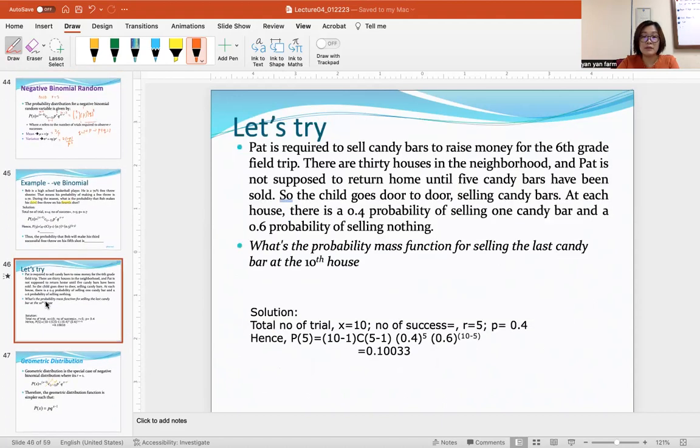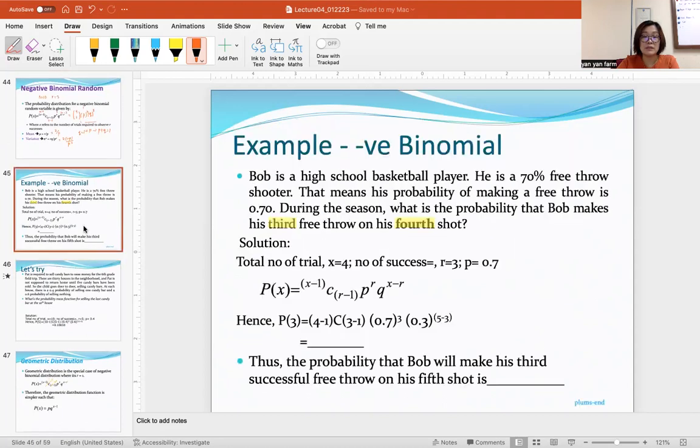At this part, the question is, the number of trials is 4. The number of successes r is 3. The p is 0.7.